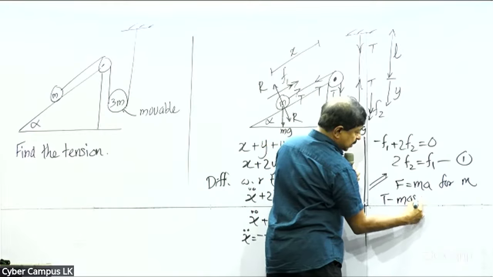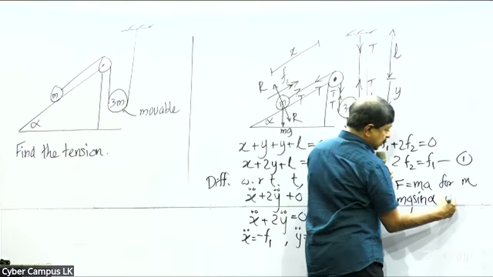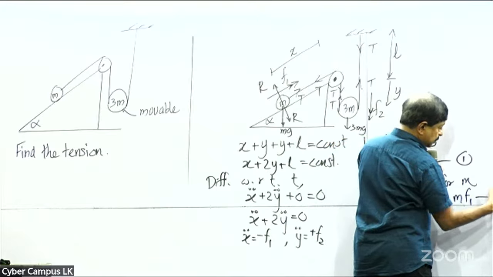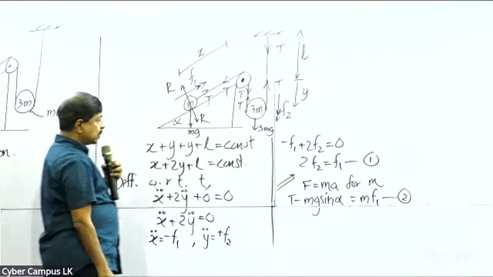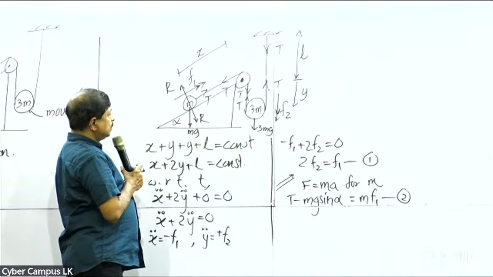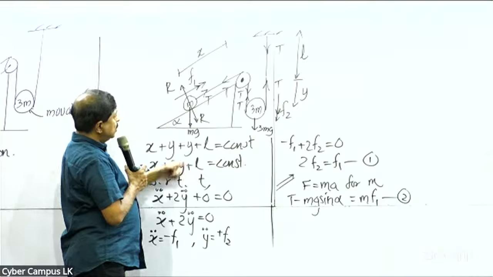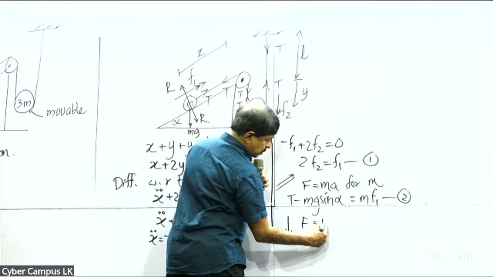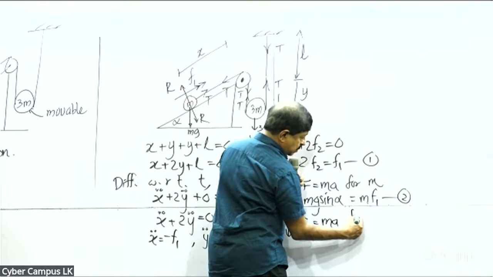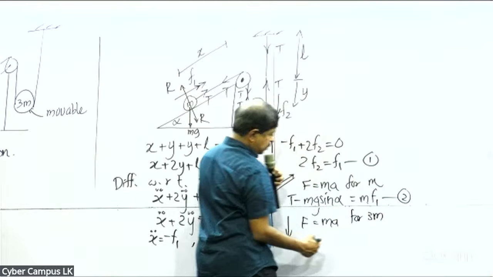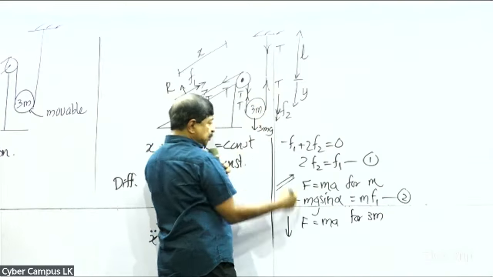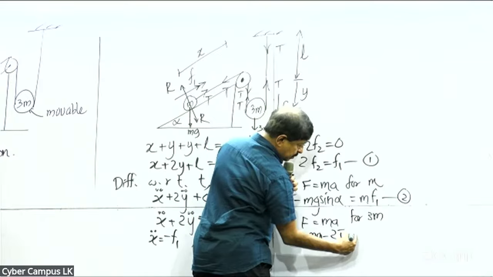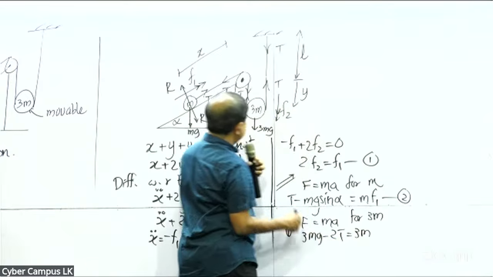So T minus mg sine alpha is equal to m times F1. That's 2. Now, the third, you apply it to this. So you have 3mg minus 2T equals 3m times F2.